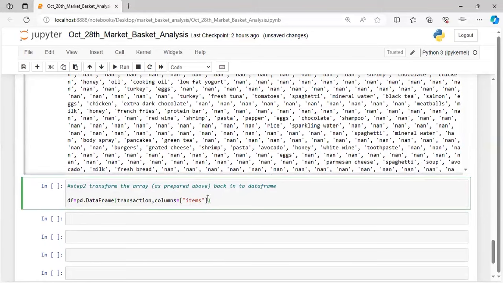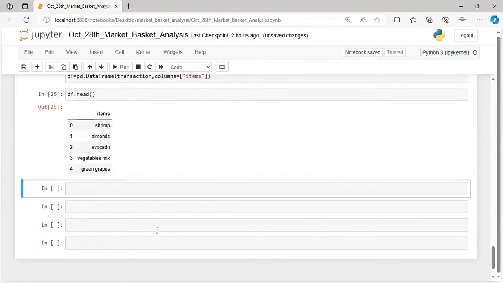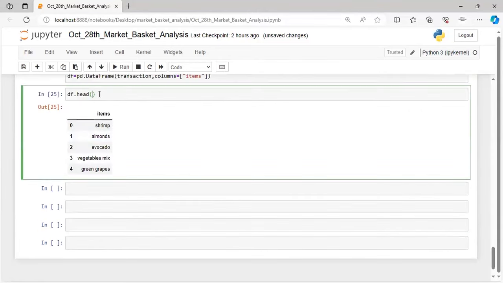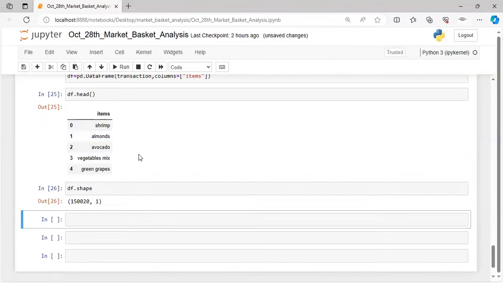Now, if you see df.head, these are all the items. If you see the shape also, df.shape, 1,50,000 total transactions of these items have been made.